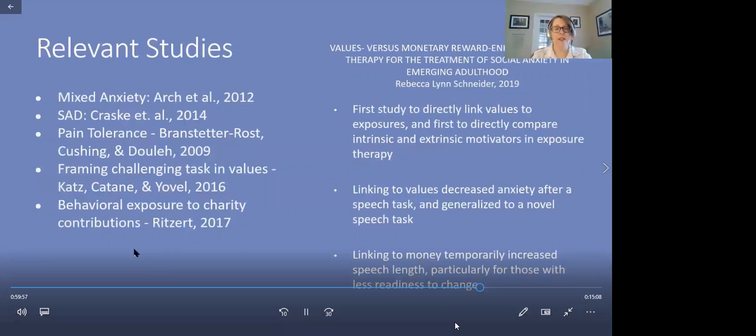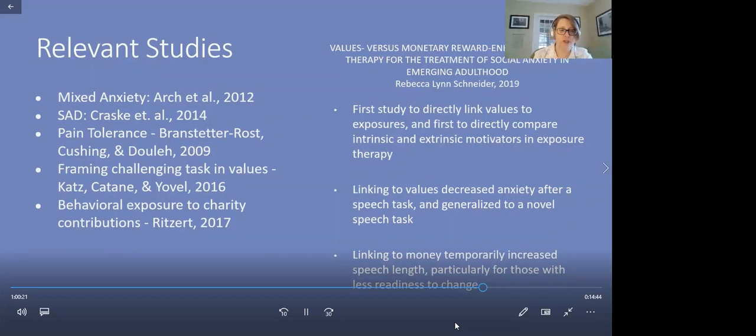there's a little bit of data on this, shockingly not tons, but the thought is that engaging someone in meaningful pursuits and having those present in one's mind while they're undergoing exposure can serve as a retrieval cue, potentially, to remember to lean into the hard things.